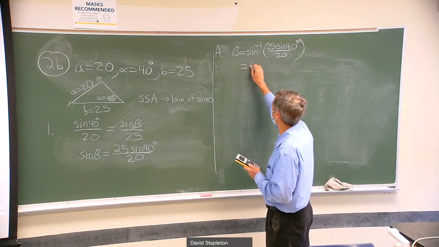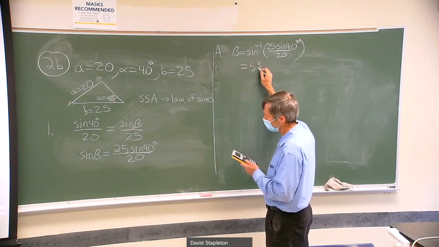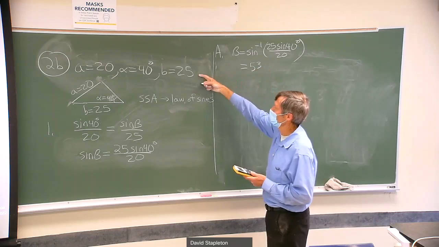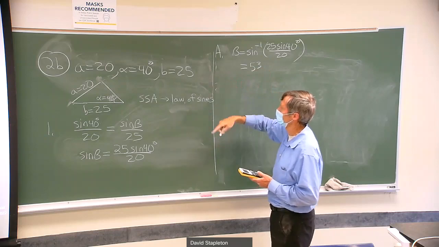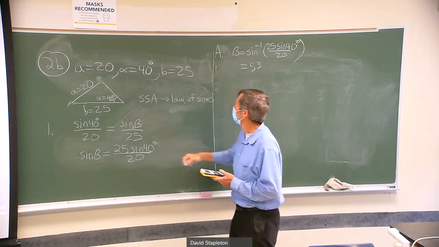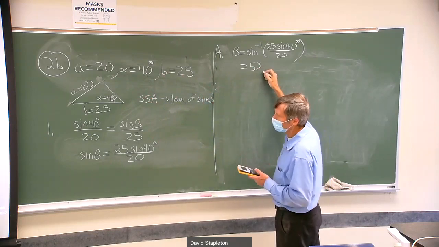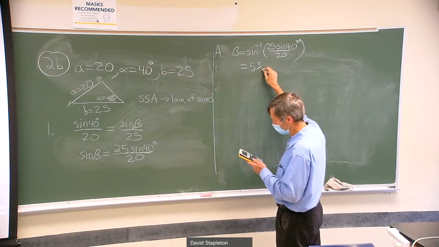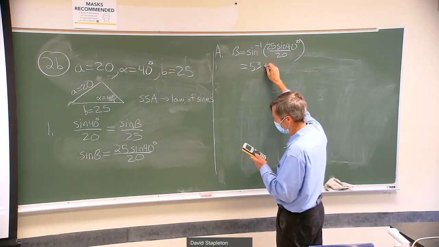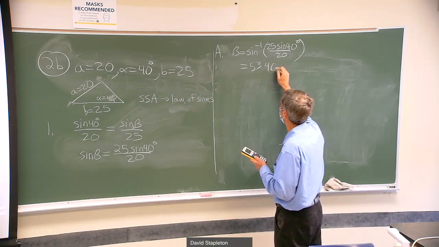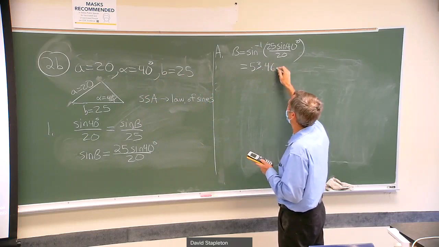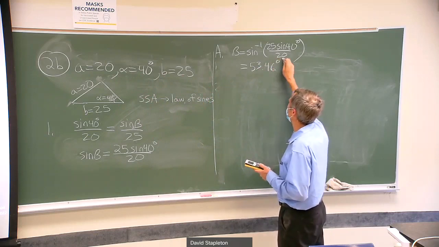So sure enough, there is a solution to this. On this one, I'm going to round to 2 decimal places. That means 2 digits after the decimal point, and I will get this number. Right. So there's beta, and since it's an angle, it's degrees.